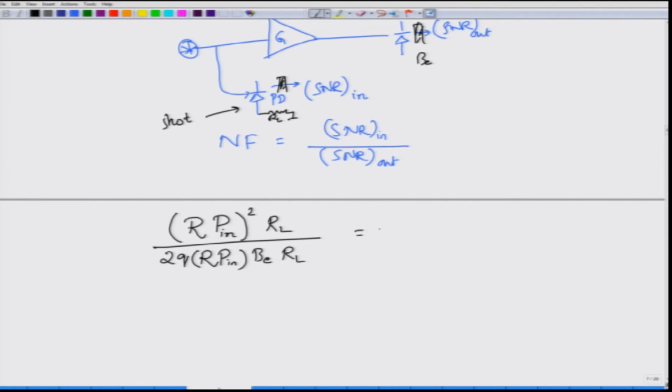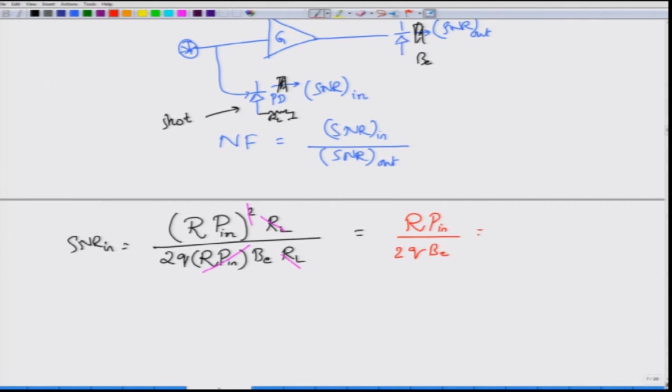If you look at this, this would be the signal to noise ratio at the input which we are quantifying. Clearly R_L will cancel, and then one of the R P in will cancel with the other, and then you get the signal to noise ratio at the input as R P in, which is the photocurrent, divided by 2q B_e. Is that okay?